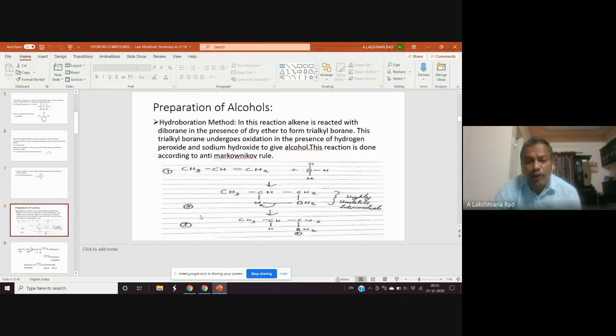That means when we add diborane to alkene, one part of the diborane, that means BH3, is reacted with alkene. And this alkene is attached to diborane according to the anti-Markovnikov rule. According to the anti-Markovnikov rule, hydrogen atom is attached to the carbon which is attached to fewer number of hydrogen atoms.